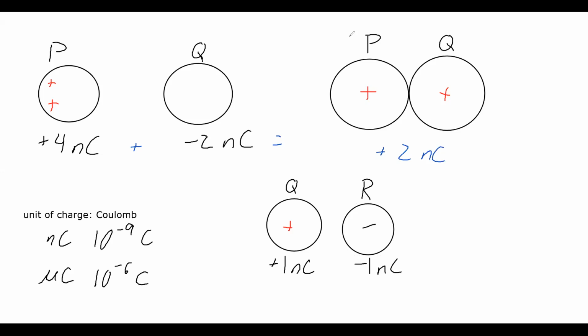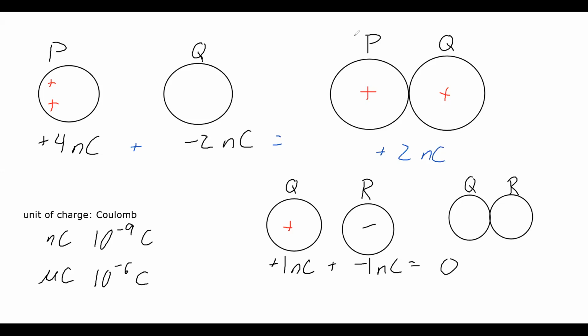So you combine these together, and we get 0. If you want to see it in a picture here, these two charges are going to combine. In this case, this charge will neutralize this charge, and now Q and R have no charge on them. They're completely neutral.